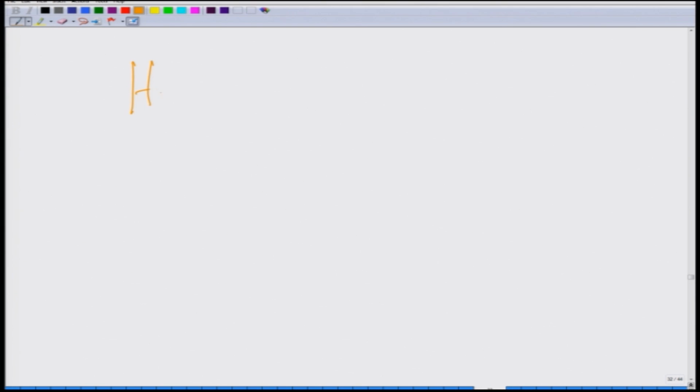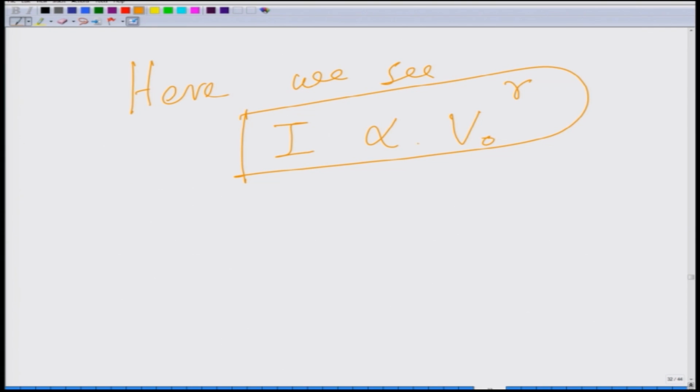So I is proportional to V to the power gamma. Gamma is obviously not equal to 1.